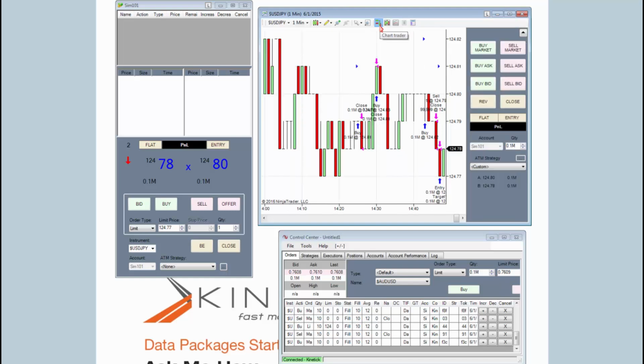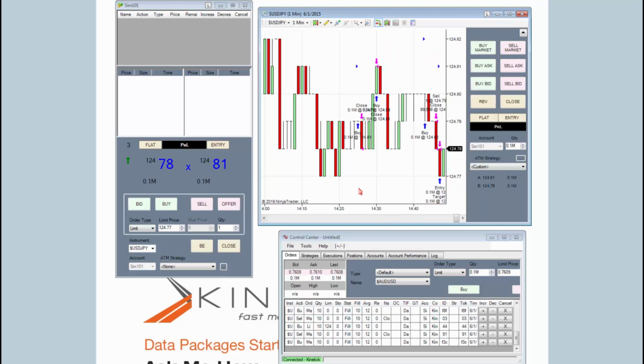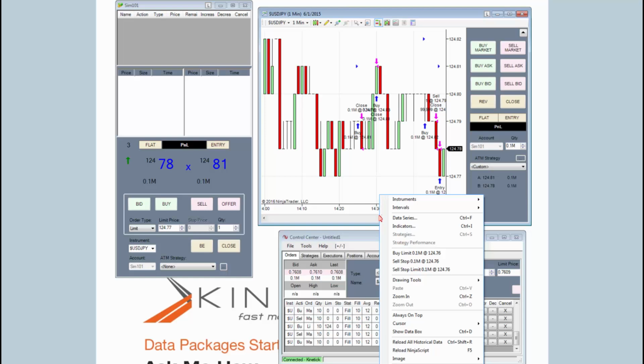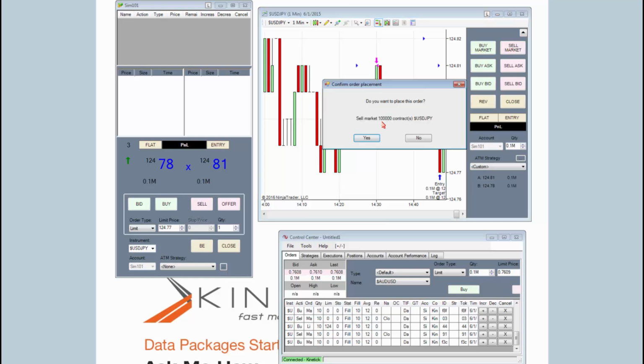At any point with Chart Trader enabled, and this is the key, Chart Trader has to be enabled, you can right click in the chart and you'll have 3 options to place pending orders. If you right click above the market, you can do a sell limit, buy stop limit. If you right click below the market, you can do buy limit, sell stop limit. So this is how you would do that after you were in an active trade already.